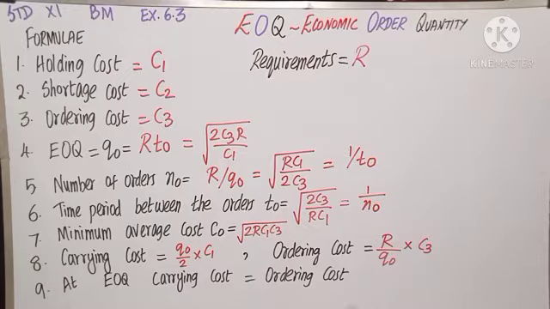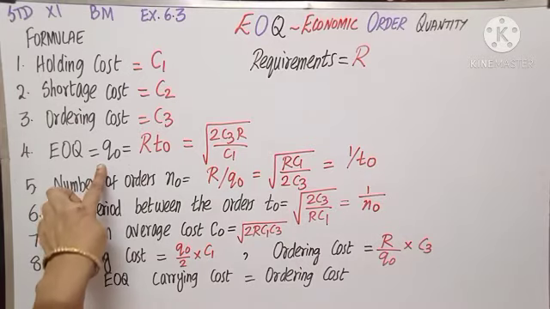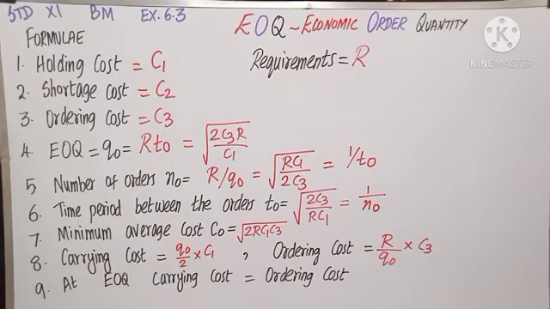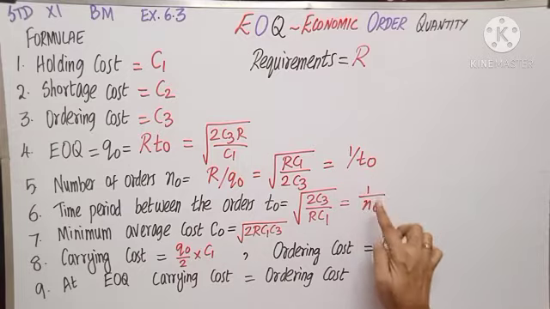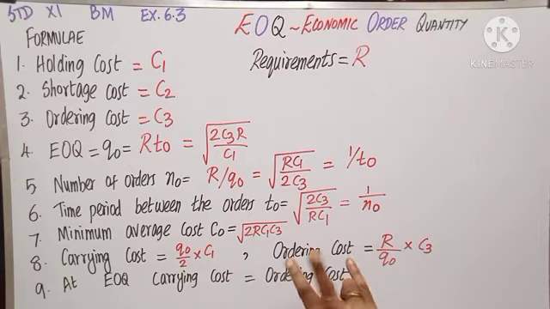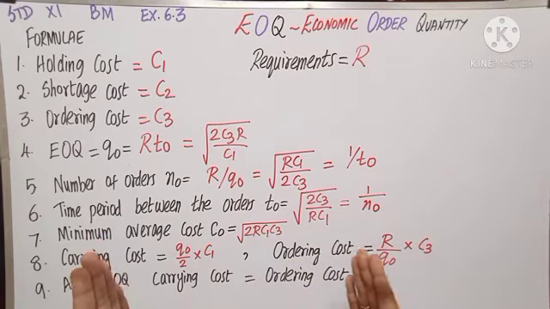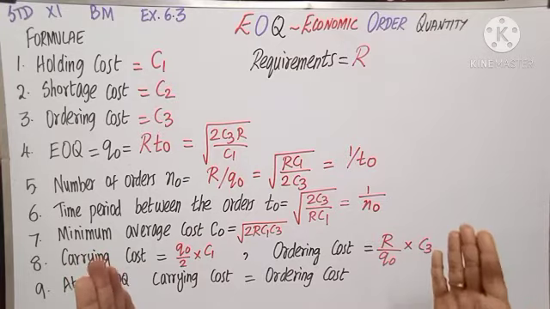Now, once I know the ordering cost and carrying cost for the entire requirements, what is EOQ? EOQ we denote as Q0, which is nothing but R into T0. We are learning two different notations, T0 and N0. T0 tells me the time period between two orders. So January I place one order and September I place one order.